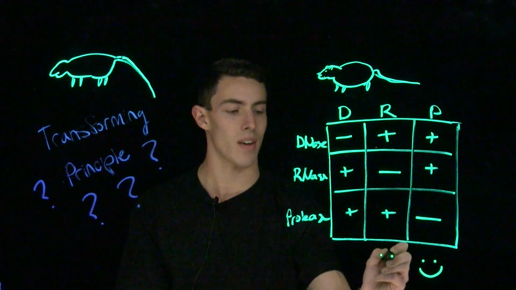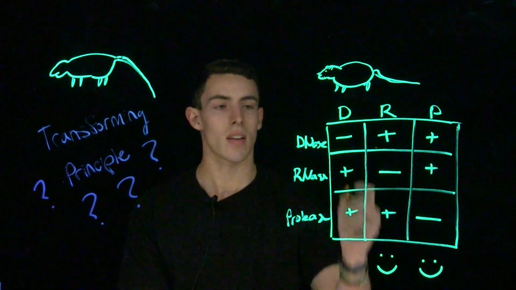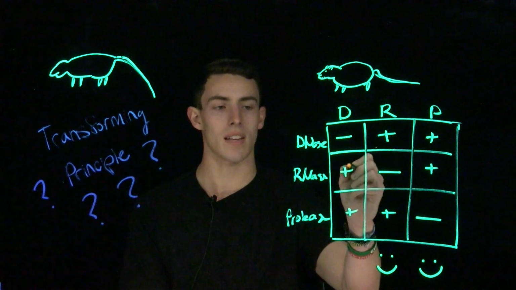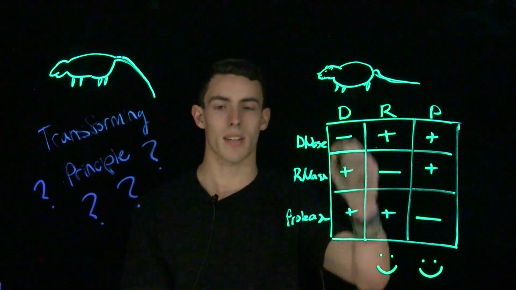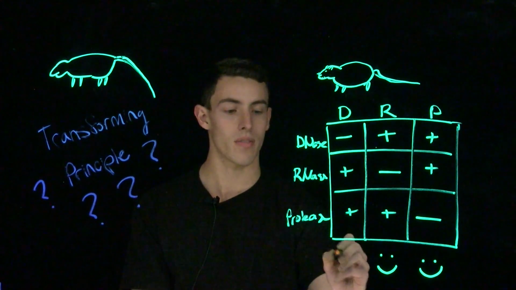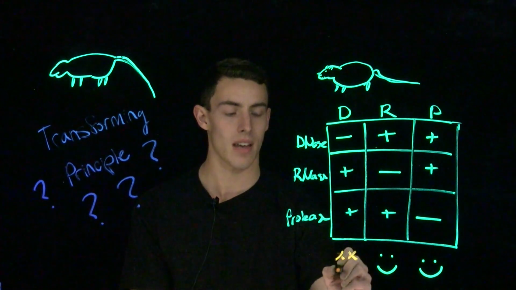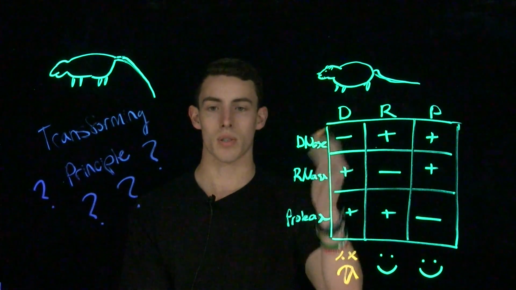And again, they found that the mice survived. And finally, they removed DNase, and they just had RNase and protease. And when this solution was inoculated into the rat with the previous cocktail of bacteria, they found that the mice actually died. Therefore, they concluded DNA was a transforming principle.